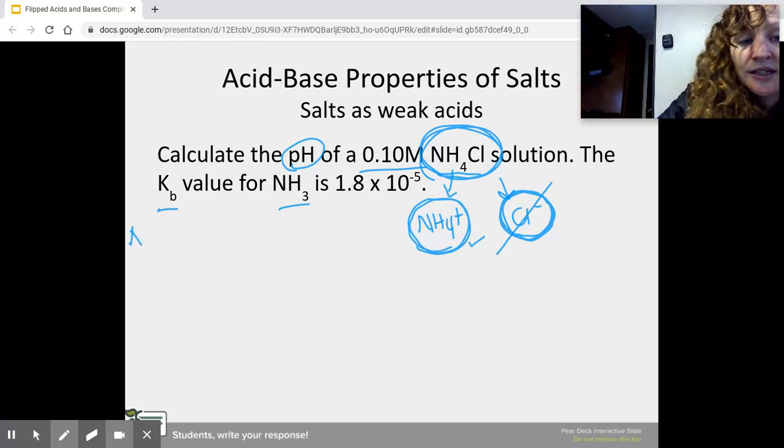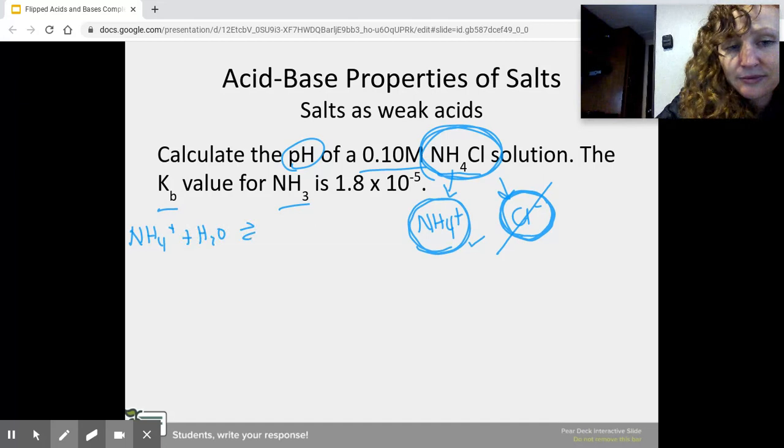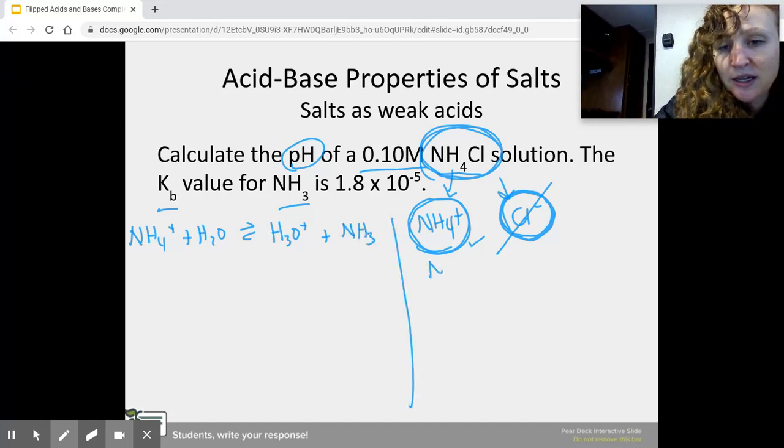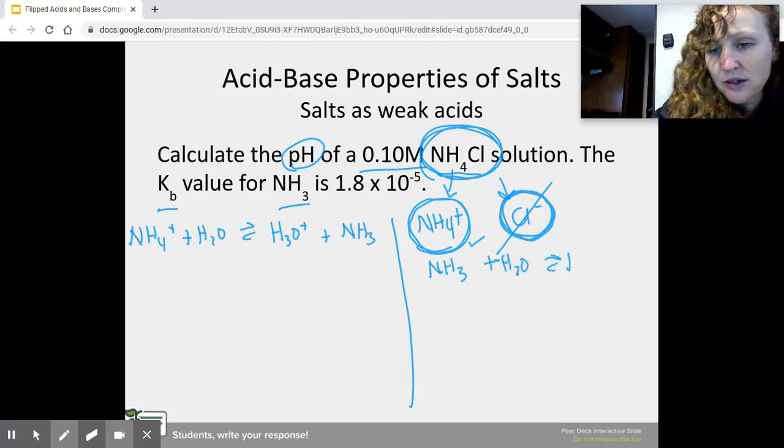We can write NH4 plus as an acid, resulting in something like this. Or we can write NH3 as a base, resulting in something like this.